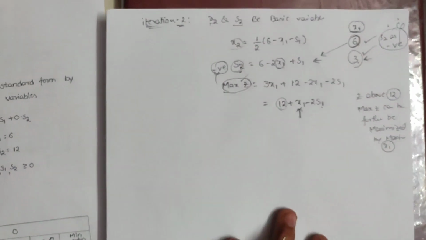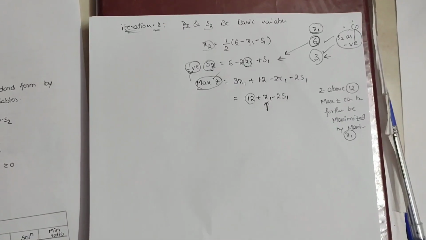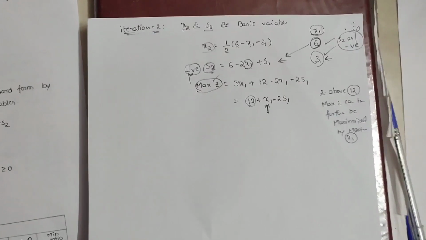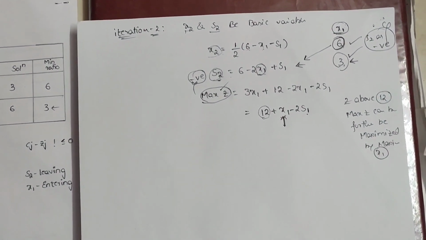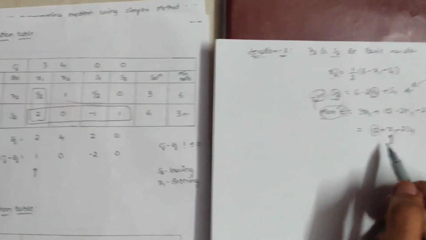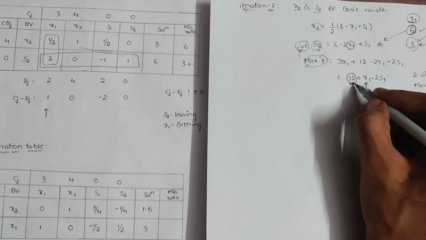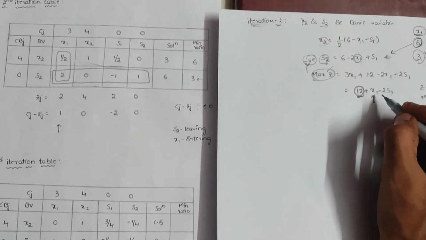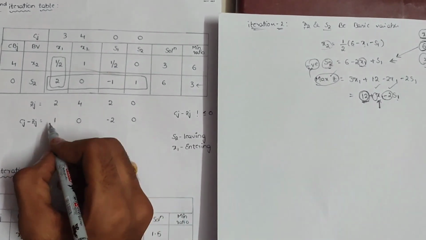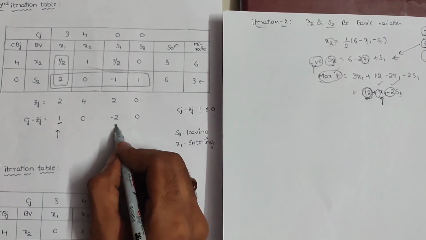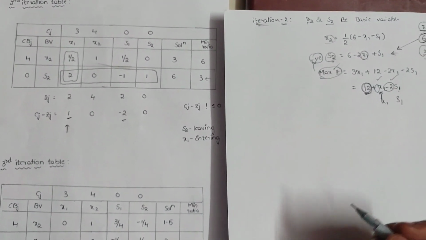So if we try to compare the second iteration of the algebraic simplex method with the tabular simplex values, here 12 is the maximum value, and 1 and minus 2 are the Cj minus Zj values with respect to x1 and s1.